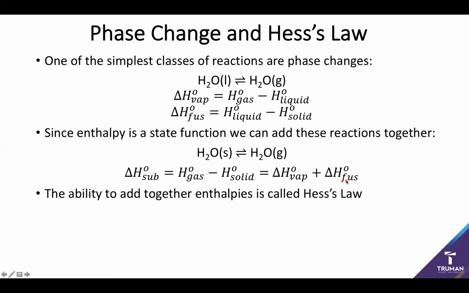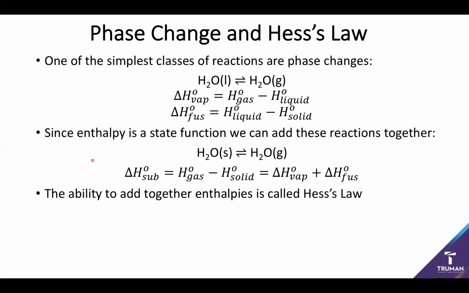And so this forms one of the most important features of thermochemistry, which is called Hess's law, which is more or less just a fancy way of expressing the property of enthalpy being a state function. That as long as I can essentially combine together chemical reactions, I can add together their enthalpies to get my new net enthalpy. And this is going to be a really powerful function, as with a small subset of reference enthalpies, I can quickly describe a whole world worth of chemistry.